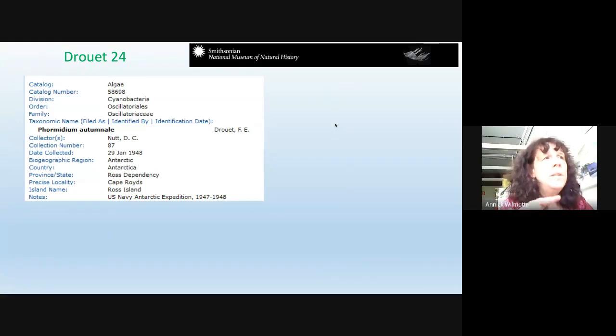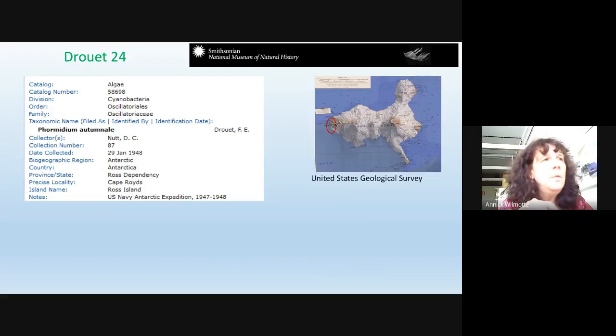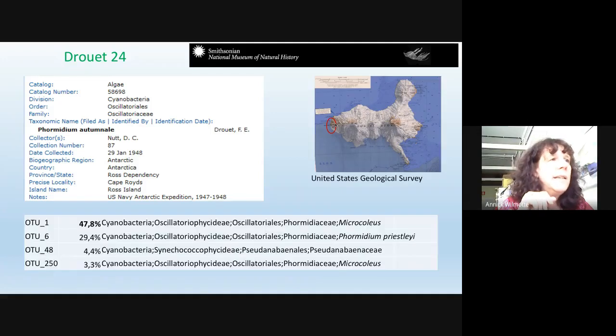So they were probably taken close together. And here they speak about Formidium autumnale. And if you look at the sequencing data, indeed, there is a majority of Microcoleus, and as I said, it would probably be the new name of what they called in the past Formidium autumnale.